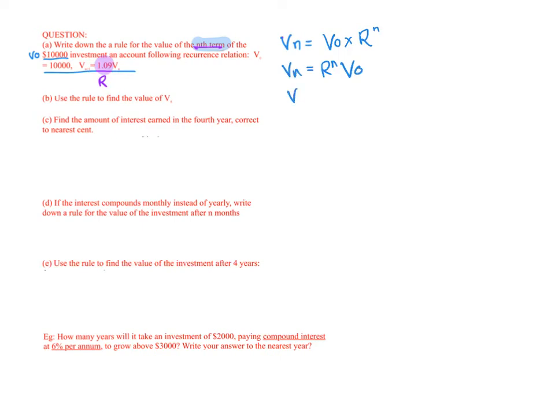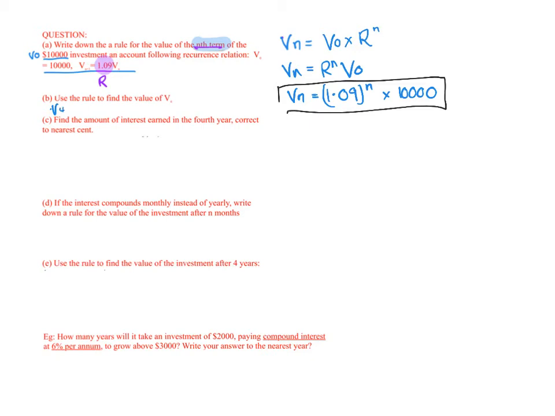Let's write that in. So can you see our R is 1.09? So I'd say to the power of n. And what is V0 in our case? 10,000. Good. So this is the answer for that part A. We've got the nth rule. And now they're asking in B, find the value of V4.